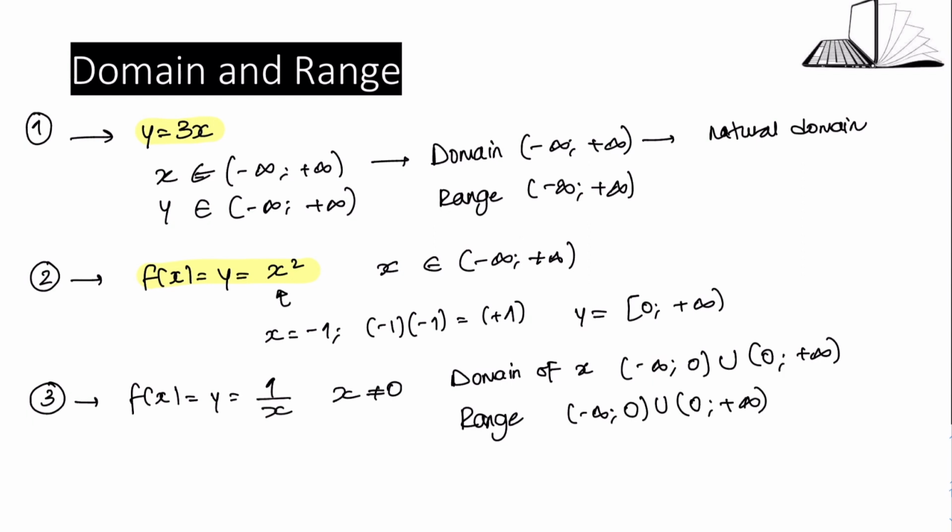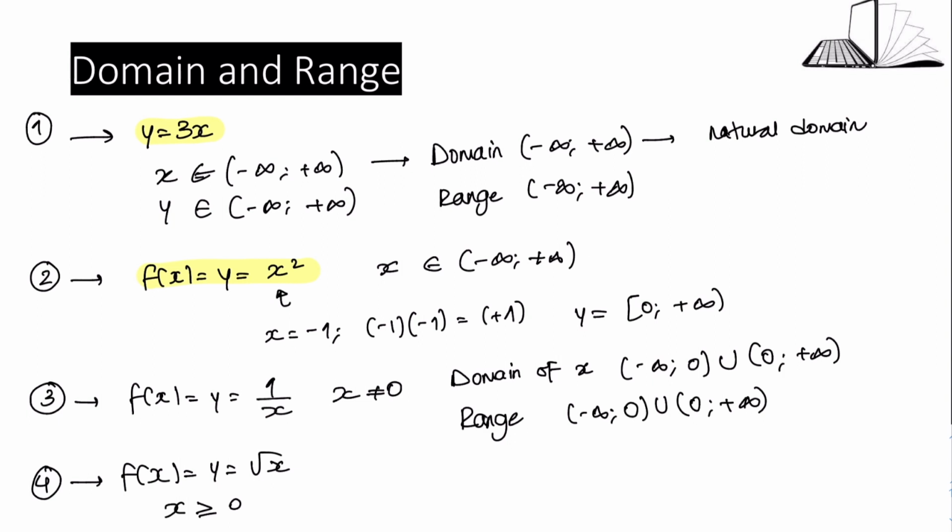Again, we can have another example, which is f of x equals y equals radical x. Now again, radical x must be equal to or more than 0. x should be positive under the square root.